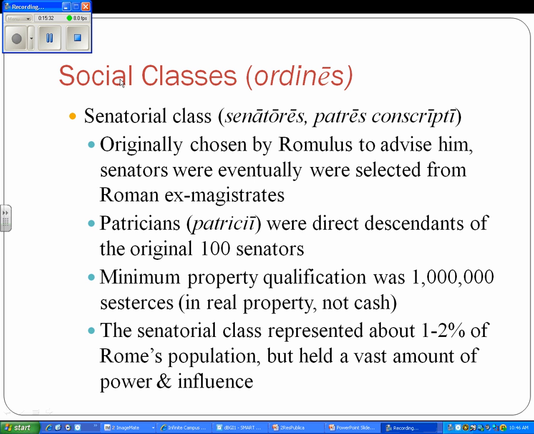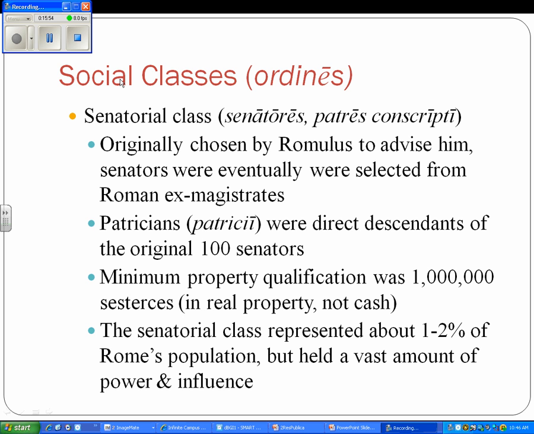So that's the basis of the social classes, at least the senatorial class. A final note on the bullet point, that in the later part of Rome's history as a republic, it is worth noting that the senatorial class really only represented about 2% of Rome's citizen population.